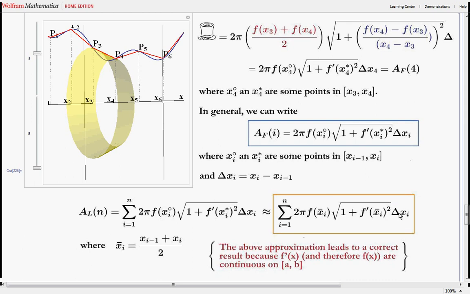In our case, those intervals are the same, have the same length. So we certainly, in the orange box, have a Riemann sum of a certain function. It is not the function f of x as we perhaps would like. It is a Riemann sum of a certain more complex function, but that function is still manageable. Namely, it is f of x times the square root of 1 plus f prime of x squared.